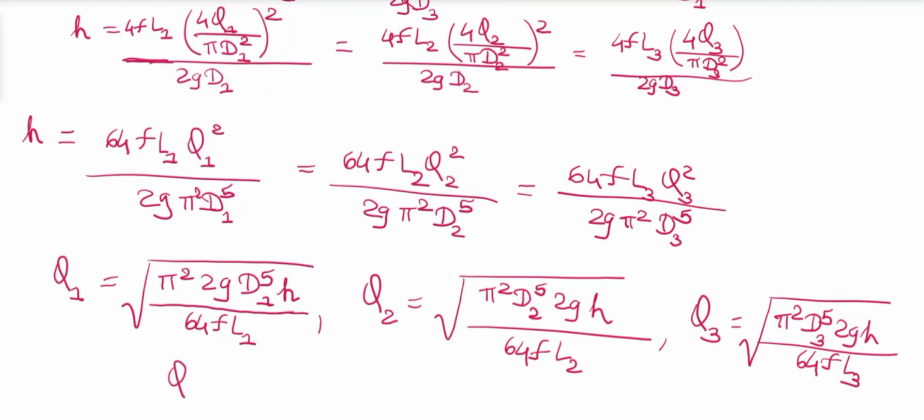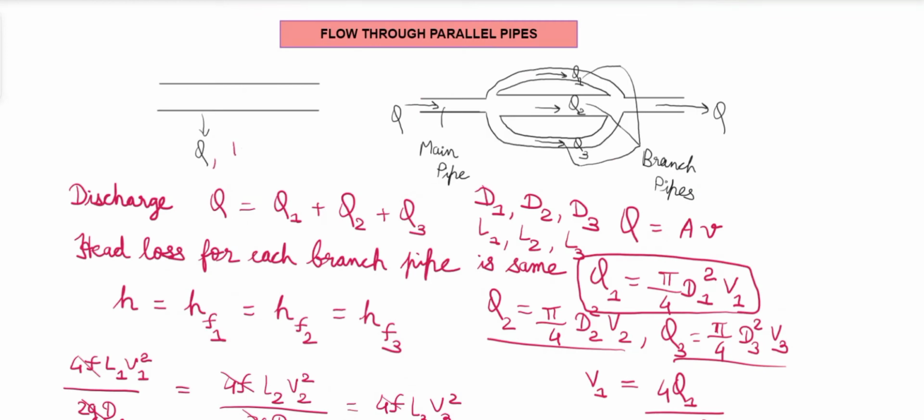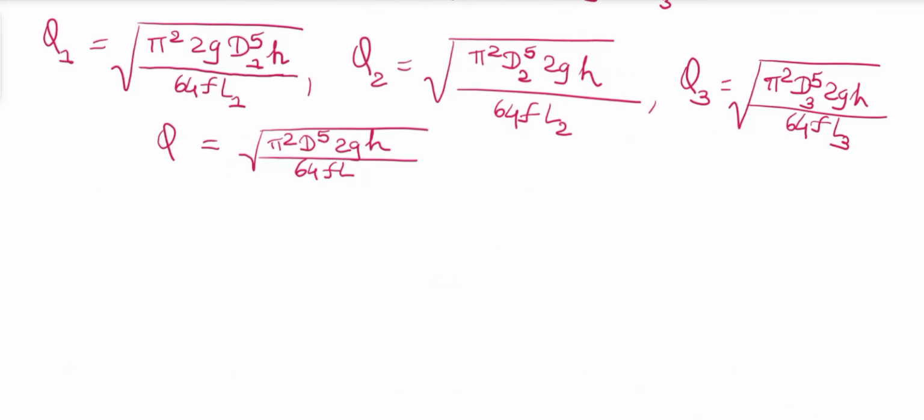Then we'll write the equation for the discharge for equivalent pipe, and that will be equal to Q is equal to under root of pi square d raised to 5 2gh upon 64 FL. As for the equivalent pipe, the diameter, the length and the head loss, we have denoted it using L, D and H. Now we know Q is equal to Q1 plus Q2 plus Q3.